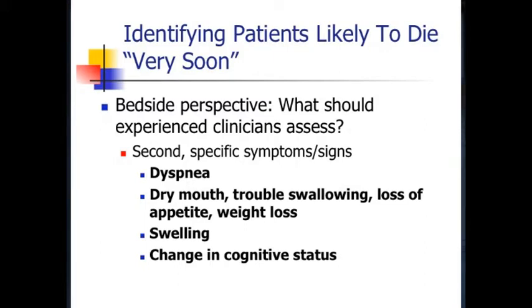Breathlessness, and that could be breathlessness with mild exertion. The oral intake cluster, dry mouth, dysphagia, anorexia, and weight loss. Confusion, and one study showed edema, which is not a symptom, but may be important. You can look at it.